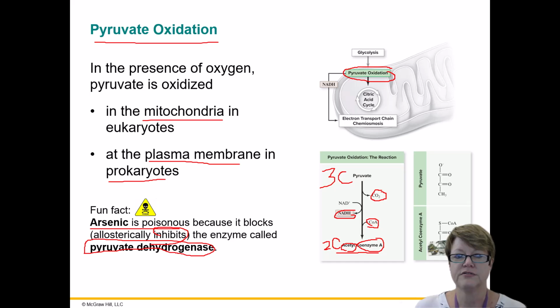Inhibitors bind to an enzyme and stop it from working. And so arsenic is very poisonous because when an inhibitor stops a respiratory enzyme, I think you can imagine how dangerous that is for the cell and the organism.